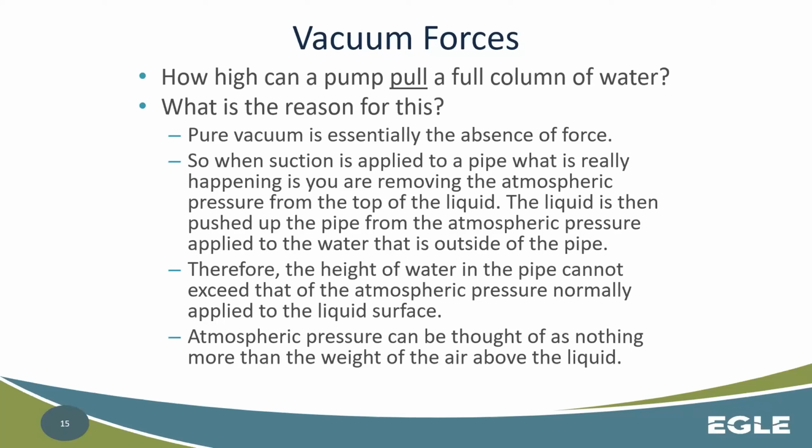So therefore, the height of the water in the pipe cannot exceed that of atmospheric pressure normally applied to the liquid surface. Atmospheric pressure can be thought of as nothing more than the weight of air above a liquid. We always have constant atmospheric pressure pushing down on us, on objects, and on water.